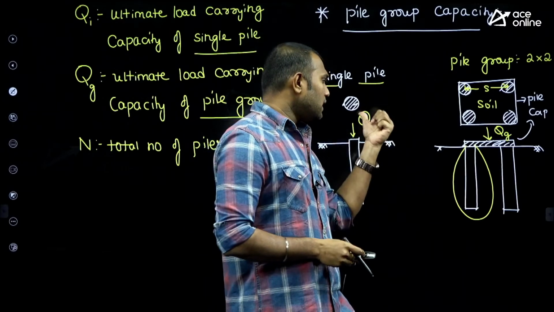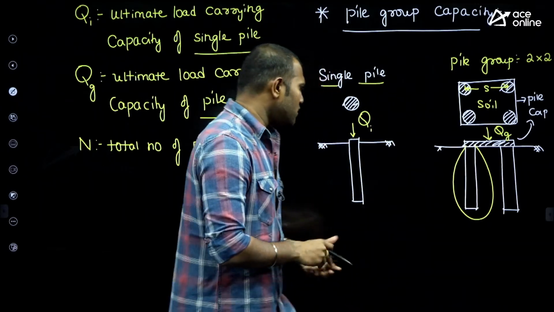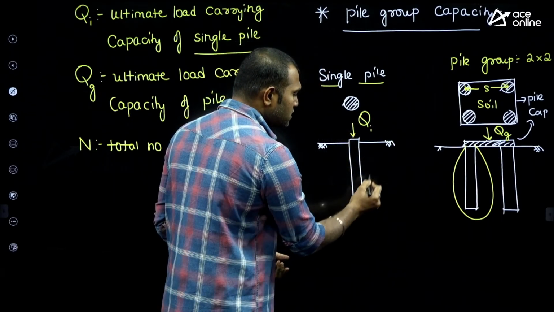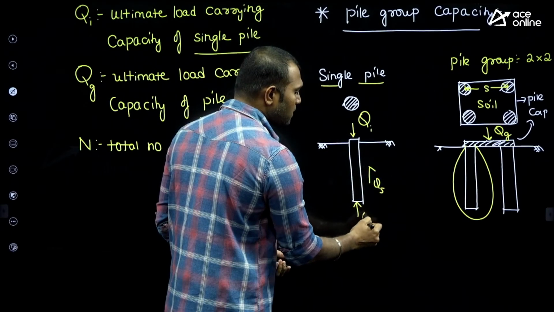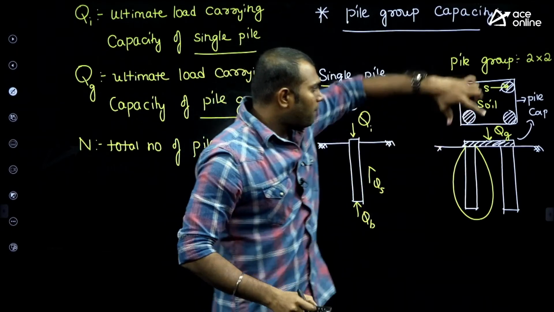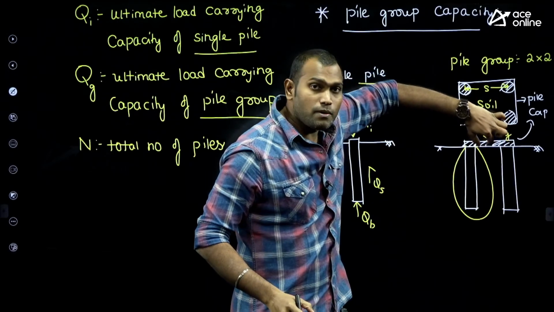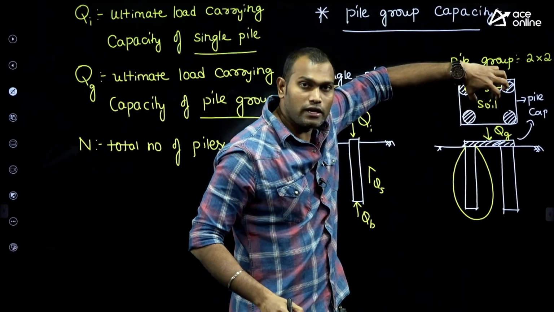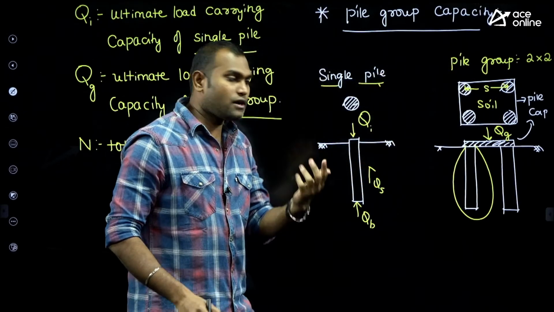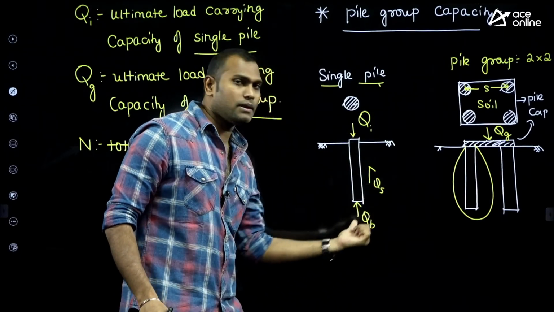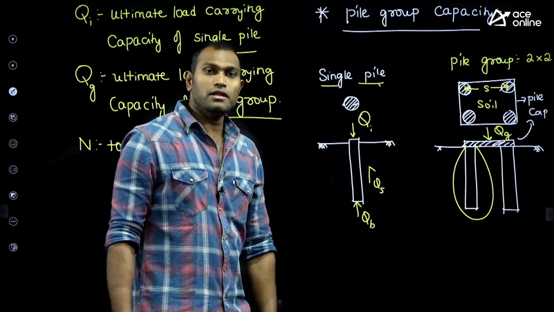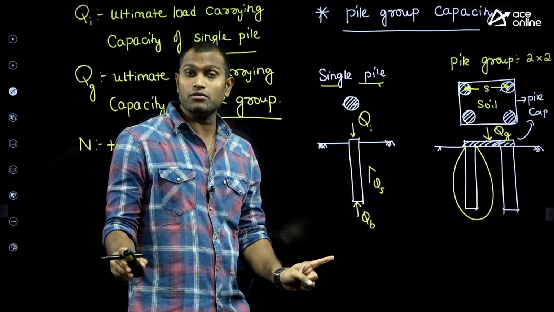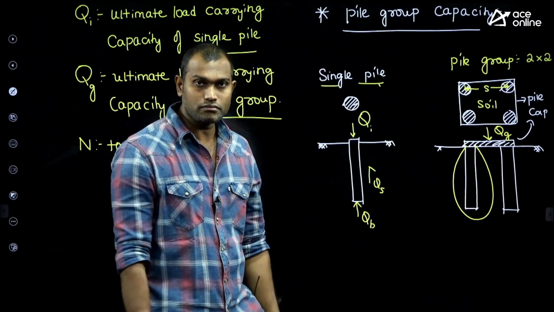So 1 pile can take a maximum of 1000 because that 1000 is due to the resistance offered by the soil at the sides and at the base, right? If the piles are so close, the pressure bulbs may overlap, the capacity of the soil decreases. When the capacity of the soil decreases, the resistance offered by the soil is less. Then the group capacity is not 4000, it is less than 4000.